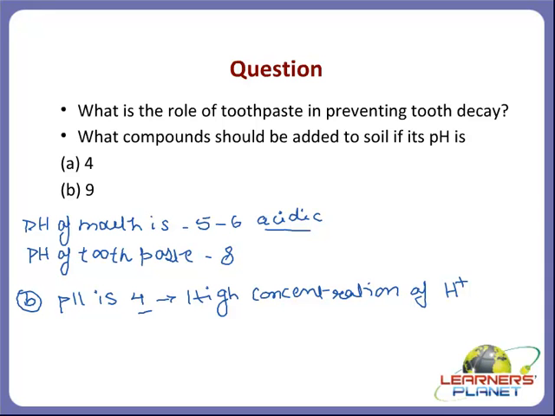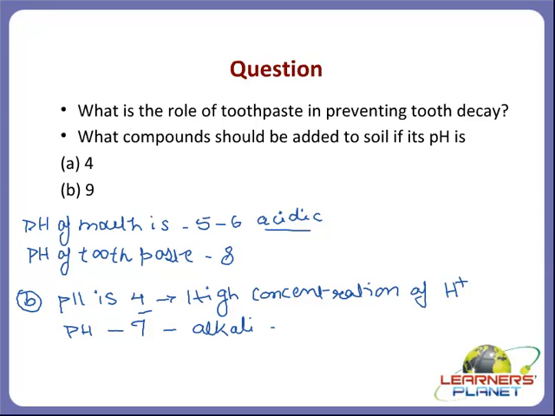Now, to increase the OH minus ion concentration so that your pH becomes 7, what should be added? You should add an alkali.